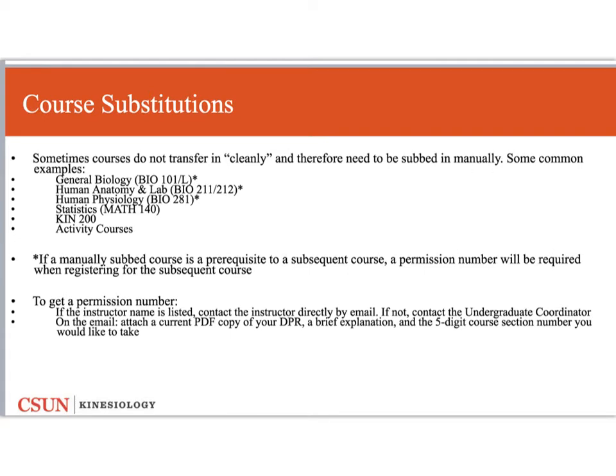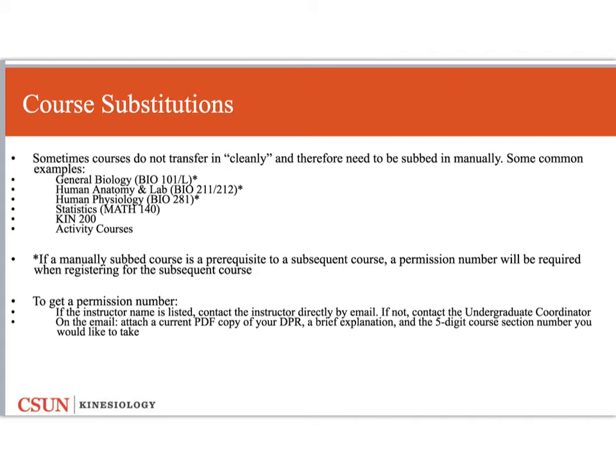So you're going to need what's called a permission number to enroll in Kin 300. Be aware that if you have any manual substitutions and those courses are prereqs for other courses, you're going to need a permission number before you enroll in that course.